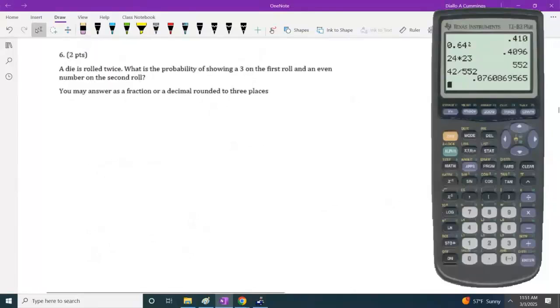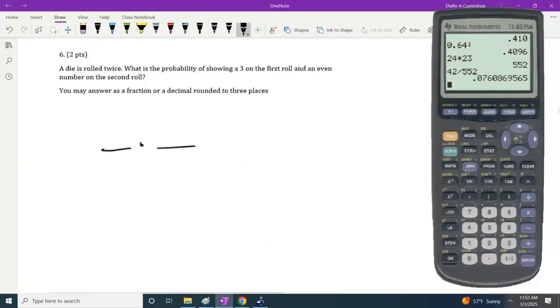All right, number 6. A dice is rolled twice. So remember, this is just a standard 6-sided die that we're rolling twice. What is the probability of showing a 3 on the first roll and an even number on the second roll? All right, so we're rolling the dice twice.